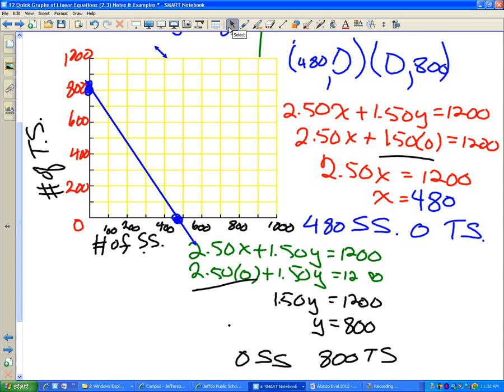And that's my line. If you look at this line very carefully, right here at (300, 300), that looks like a point on my line. Any point on this line should better equal 1,200.